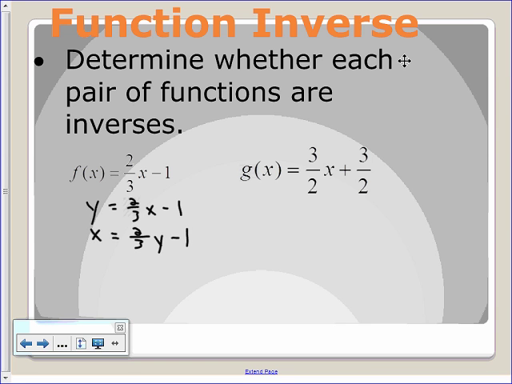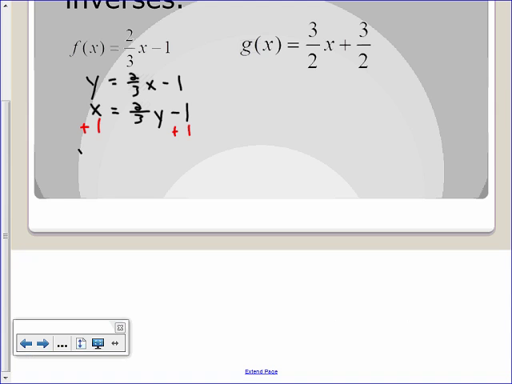I'm going to add 1. x plus 1 equals 2/3 y. Now we got a fraction. I know many of you don't like the fraction, but let's rewrite it. We're going to take y and put it in the numerator. So we have 2y divided by 3. Still got that fraction, but it's much easier. How do we get rid of fractions?